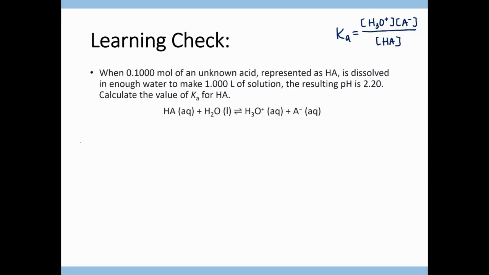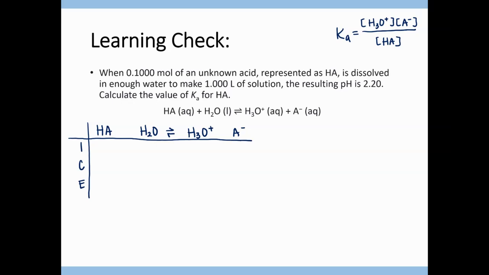So with the ice table, set that up. Think about what we have. All right, so we've got the reaction equation across the top of the ice table. We have initial concentration of HA only.